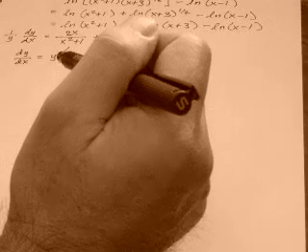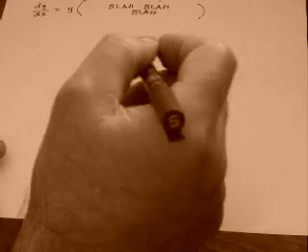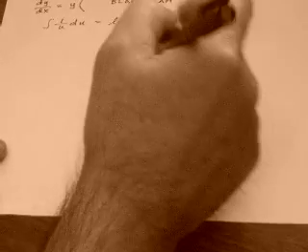All right. Now, if u is a non-zero differentiable function, the antiderivative of 1 over u du is equal to ln of absolute value of u plus c. All right.